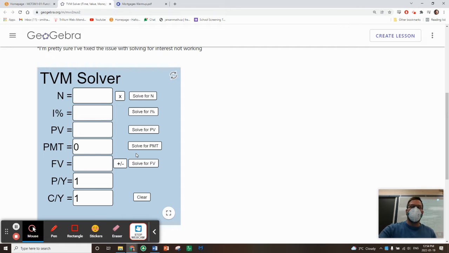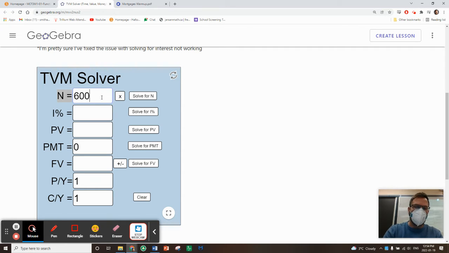So I've got my TVM solver up here in this tab. You guys have it open on your phone, or you have it on your calculator. Let's find his payment. I have a feeling that you can do 25 and click times 24. No, it doesn't do that.